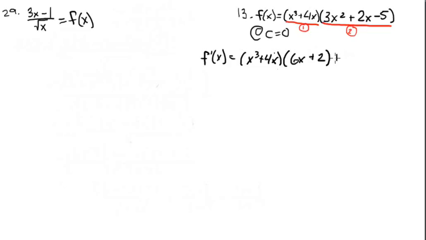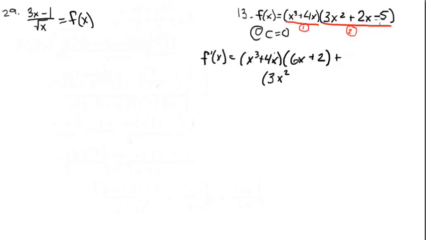And then we're going to add to that. I didn't give myself enough room here, so I'm going to come down to the next line and just pretend that it carries on. We hold the other factor constant and take the derivative of the factor we held constant in the first term. That's power rule again, 3x squared.